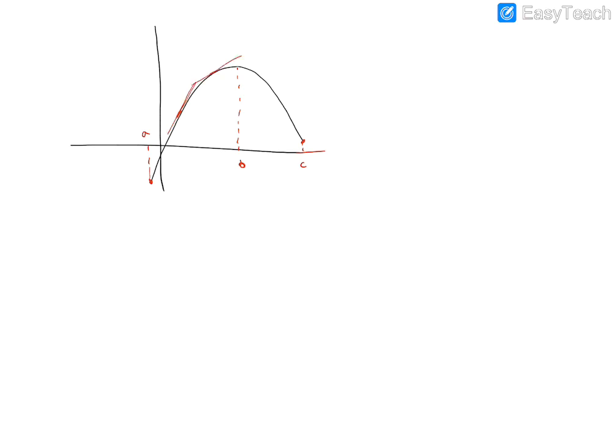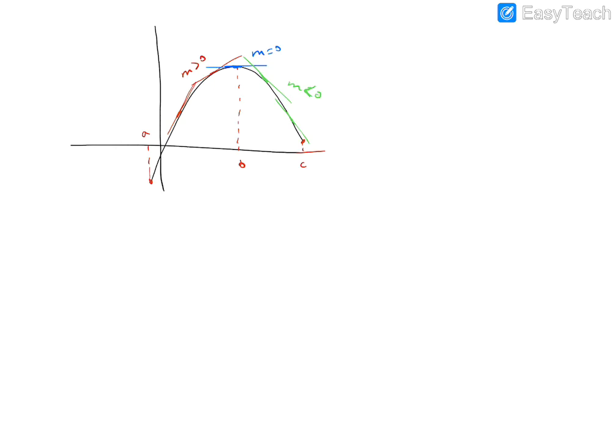At the maximum point, the tangent line has slope 0, and after that point the function starts to decrease, so the tangent line has a negative slope.